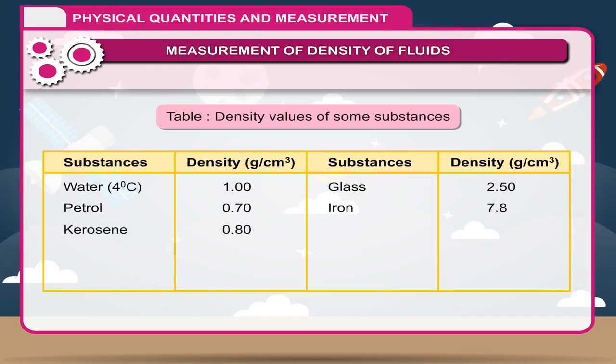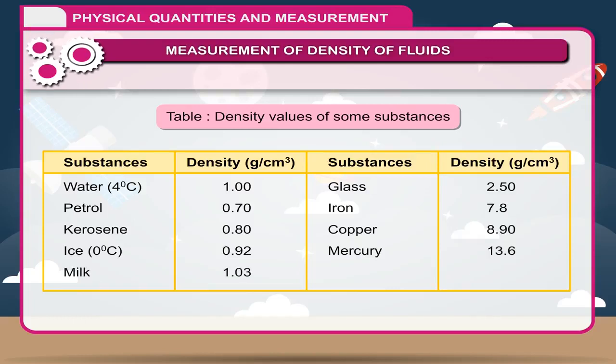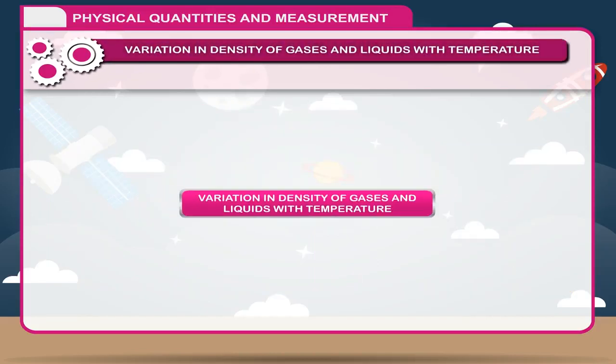Kerosene: 0.80. Copper: 8.90. Ice at 0 degrees Celsius: 0.92. Mercury: 13.6. Milk: 1.03. Gold: 19.3. Variation in density of gases and liquids with temperature.